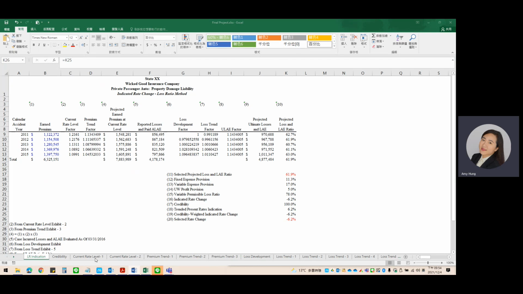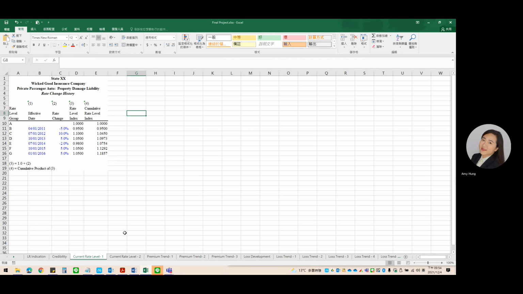Next one is the current rate level. Since the historical premium needs to be adjusted to the rate level currently in effect, the current rate level exhibit shows the calculation of the current rate level factors using the parallelogram method for each year.